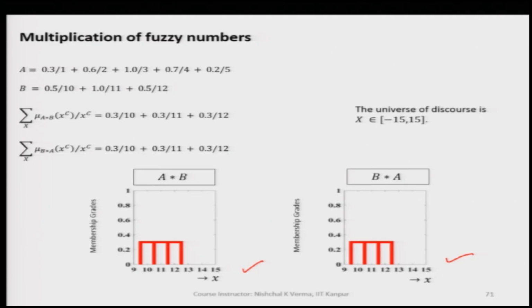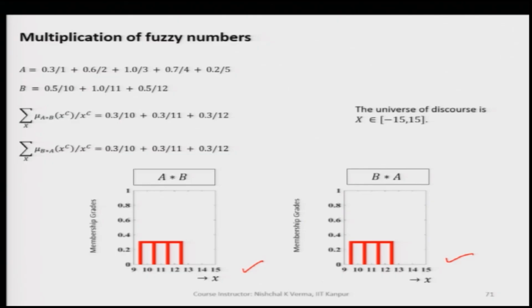Please understand that since we have limited the universe of discourse, we have shown only a portion of the actual multiplication. We could have seen some more terms, which would probably have been spread over a wider universe of discourse, but here the universe of discourse is very limited.